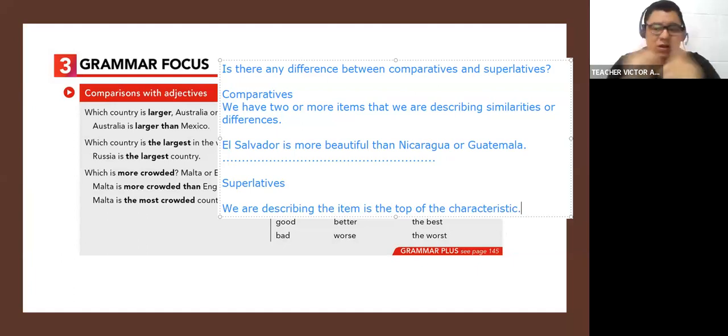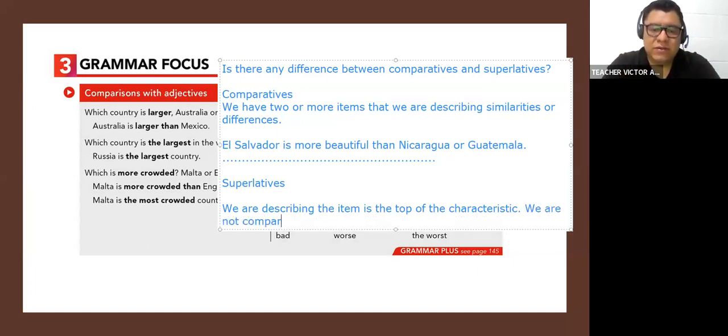Okay, I'm not comparing, right? This is important. We are not comparing with anyone or anything. I'm saying this is the top, this is the best example. I'm not comparing to other countries. There is no comparison. It's the best of the best, in other words.